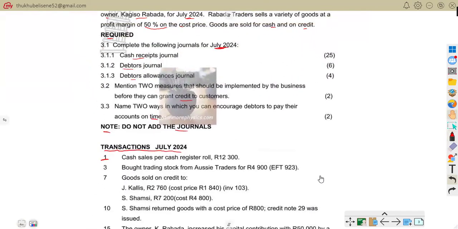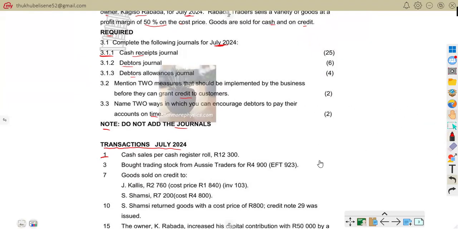Without wasting time, let us attend to this question. Remember our 3.1.1, which is this one, we are asked to do the cash receipt journal. So let us do it right now.